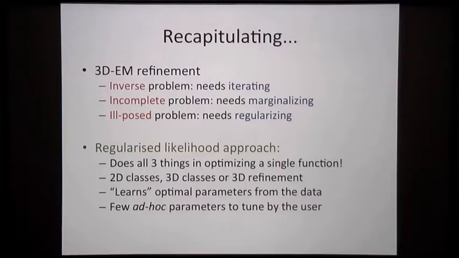As I've shown you, you can do that to calculate 2D classes, but also 3D classes or 3D refinement. 3D refinement in this context is nothing more than a 3D classification with a single class, although, as Richard will point out, there's something to prevent overfitting, which is a detail in this respect.